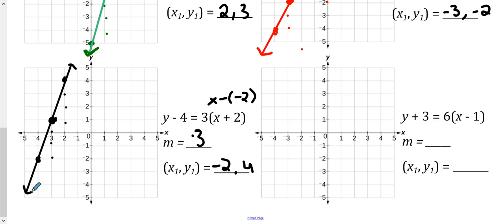And last one, I have a slope of 6. I have a point of 1, -3. So when I graph that one, I'm going to find that point first, 1, -3. And the slope of 6 means I'm going to rise 6, 4, 5, 6, and run 1. I don't have a whole lot more space, so I'm just going to connect my line now.